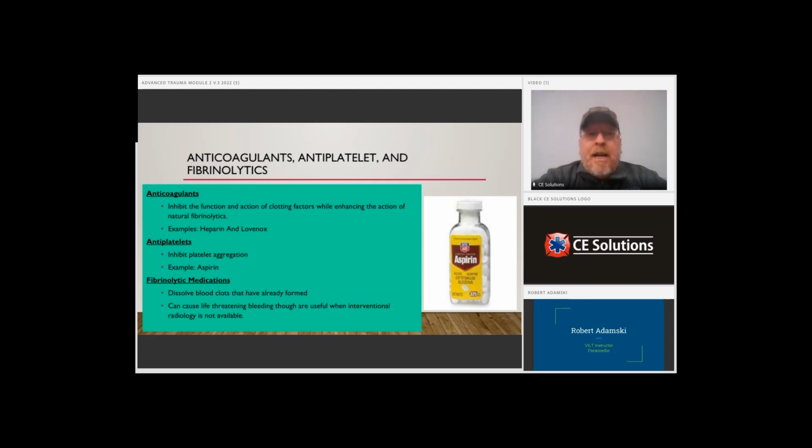Remember, we have medical patients like our CVA, our stroke patients, or our myocardial infarction patients that might very well benefit from these various drugs, a good example being our fibrinolytic medications, such as TPA.